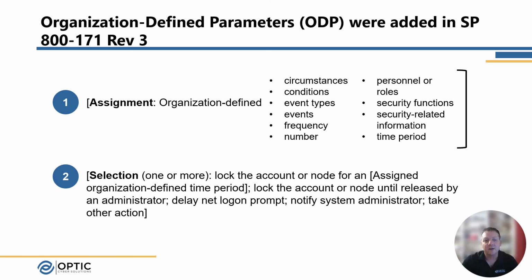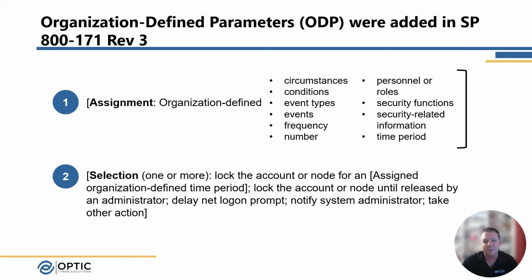As we can see here, there are two primary types of organization-defined parameters. The first is assignments. And these you'll see within some of the requirements. Basically, it's just an area where NIST is allowing you to define various different characteristics that were required to complete the requirement before it can be implemented.